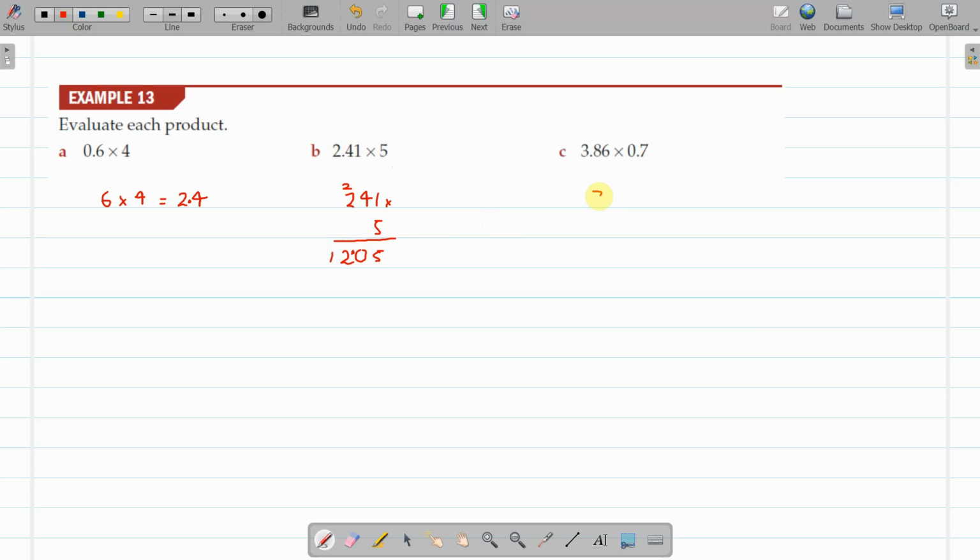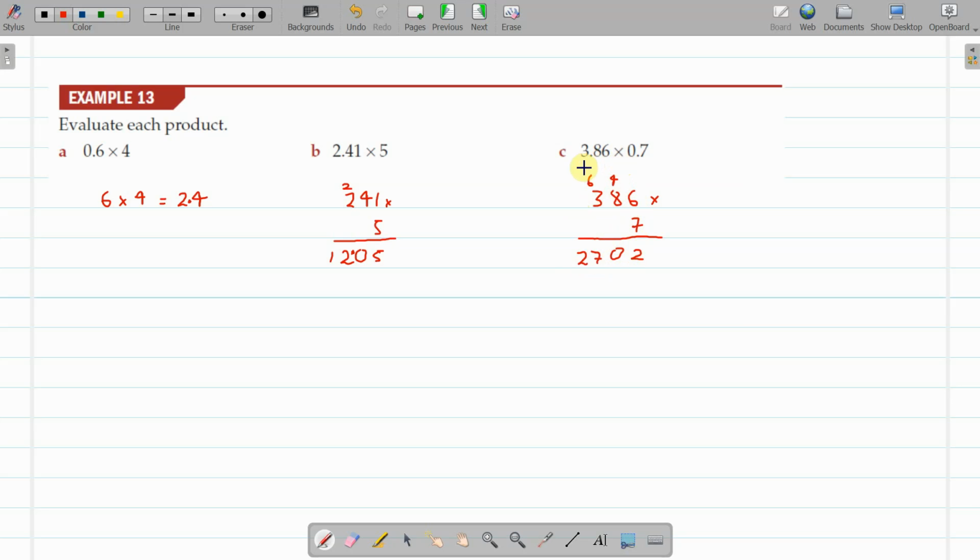Last one. Do it as if there's no decimal points. Seven times 6 is 42. 7 times 8 is 56, plus 4 is 60. 7 times 3 is 21, plus 6 is 27.